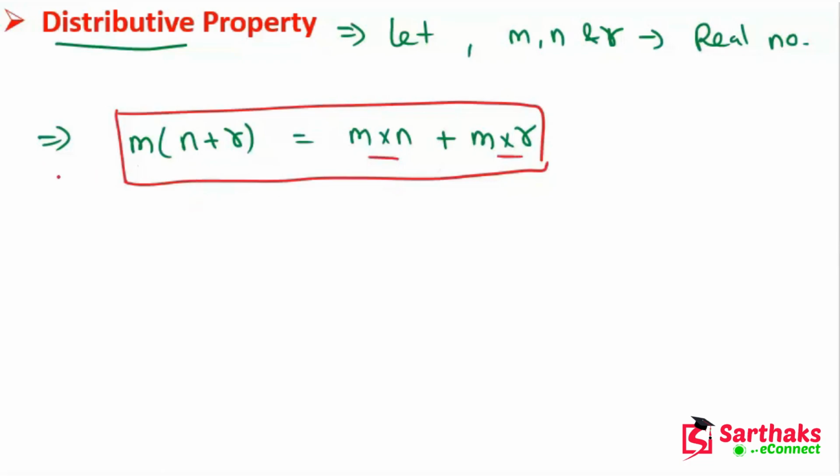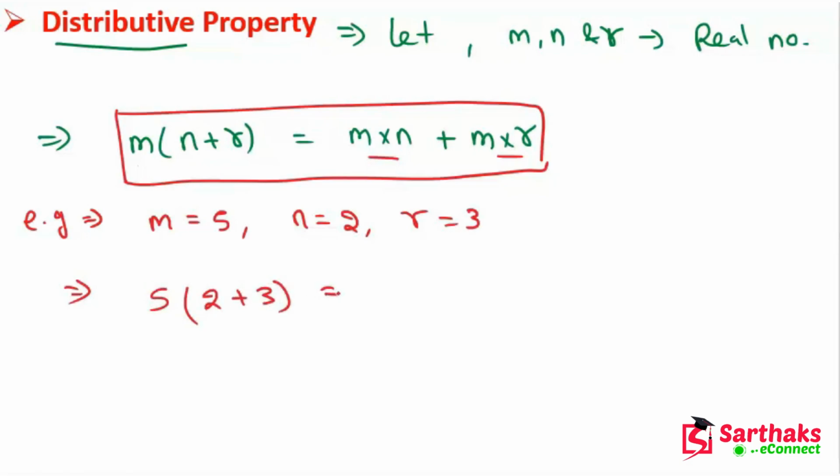So now let's suppose, for example, we have m is equal to 5, n is equal to 2 and r is equal to 3. Now put the values in this equation. We get 5 into 2 plus 3, or we can solve it as 5 into 2 plus 5 into 3.